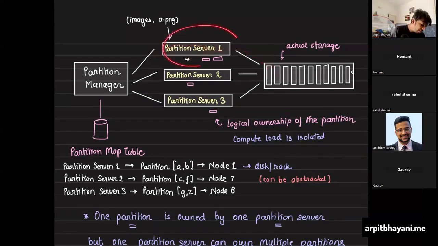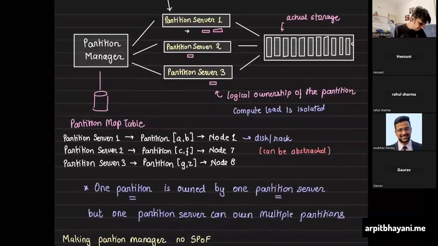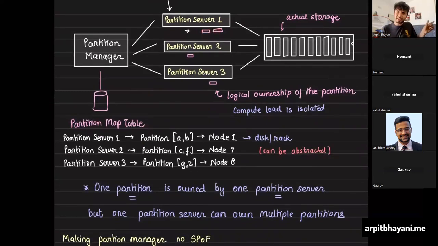Now, on physical storage, the data is there, right? The storage rack knows how to access the data from a particular hard disk. But the partition server is the one who knows which partitions it owns. So for example, in my partition map table, I have some partitions, it's just entries being made. The data is physically stored over here, on multiple storage racks and whatnot.